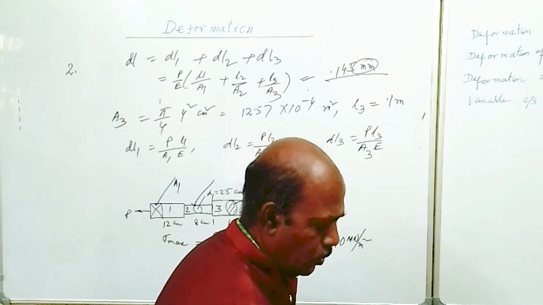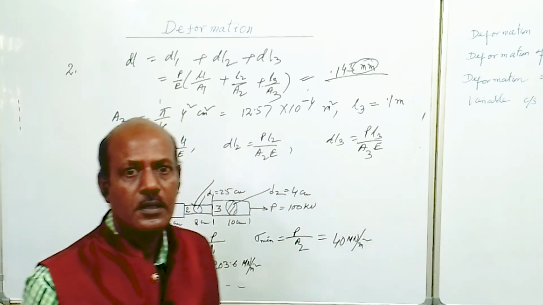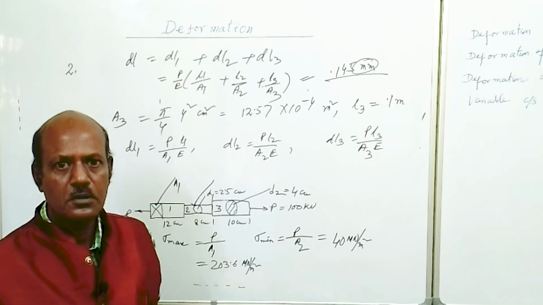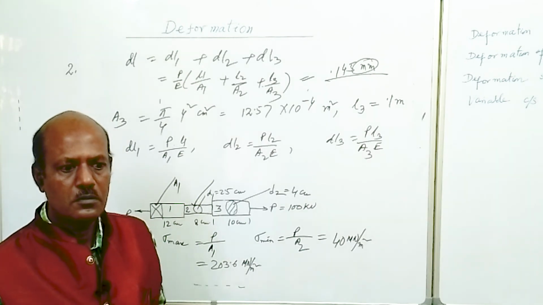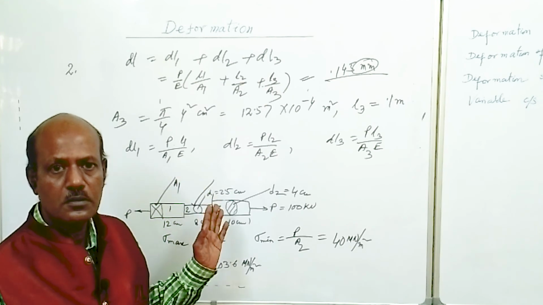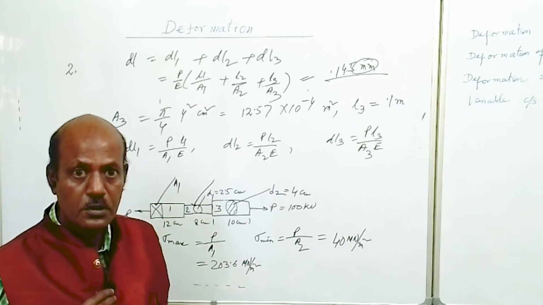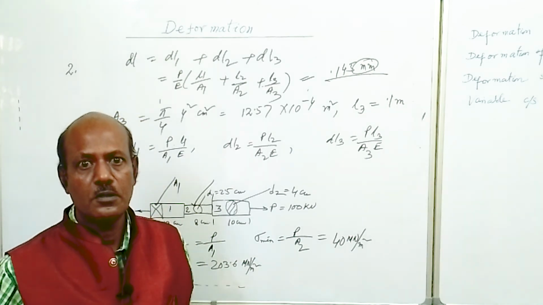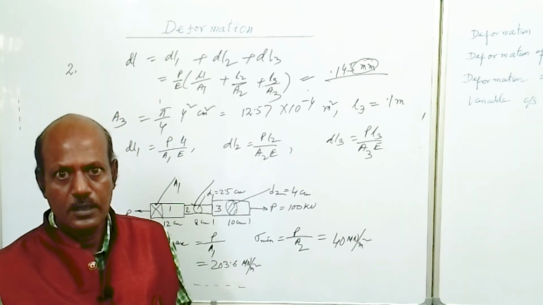Okay, so this is all about this video. I hope this will clear your doubt. Continue with this, and I hope your idea will be clear on this topic. In the next video we will see the other derivations and related problems.